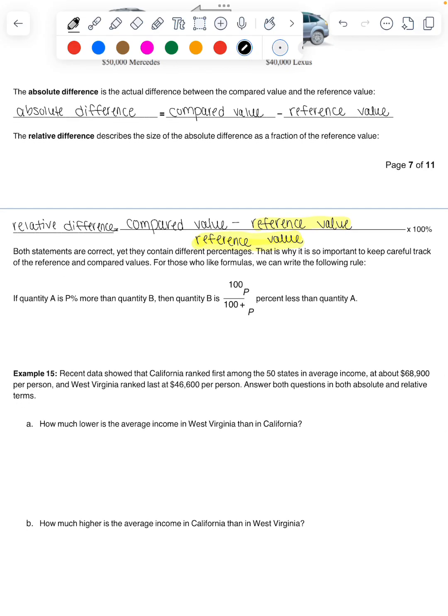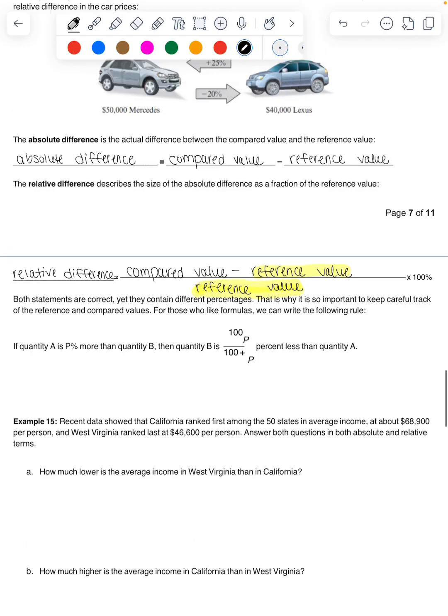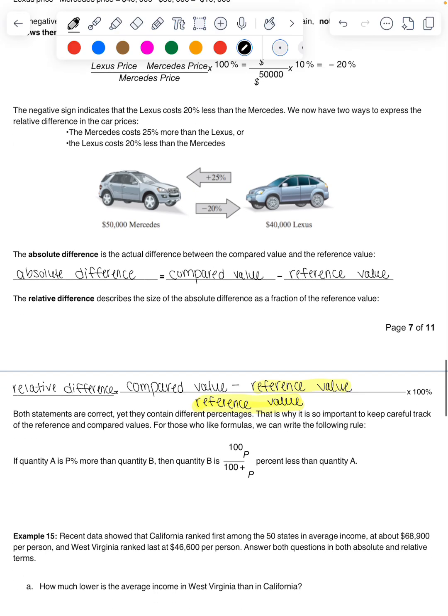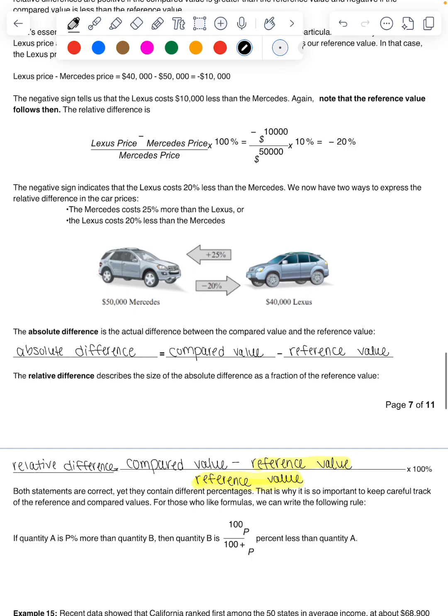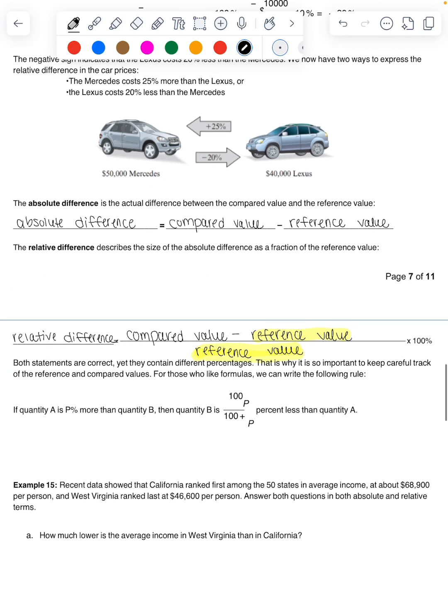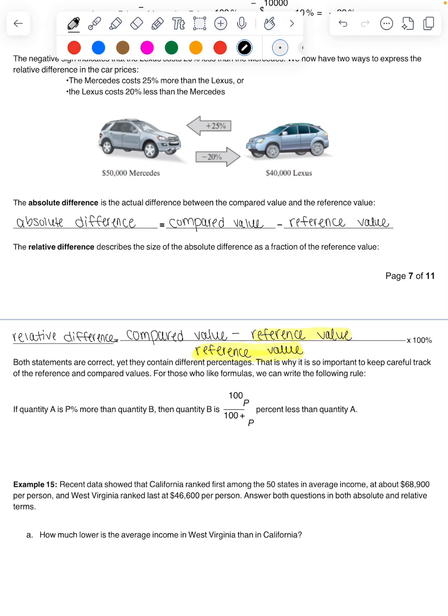So if a quantity A is P% more than quantity B, then quantity B is 100 divided by 100 plus P% less than quantity A. So what in the world did I just say? If quantity A is P% more than quantity B. So we had that where quantity A, the Mercedes, is 25% more than quantity B. That was the Lexus.